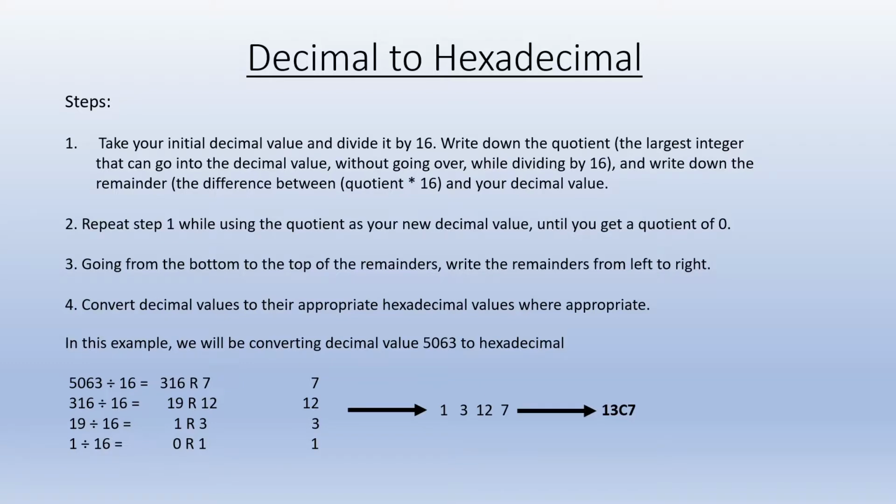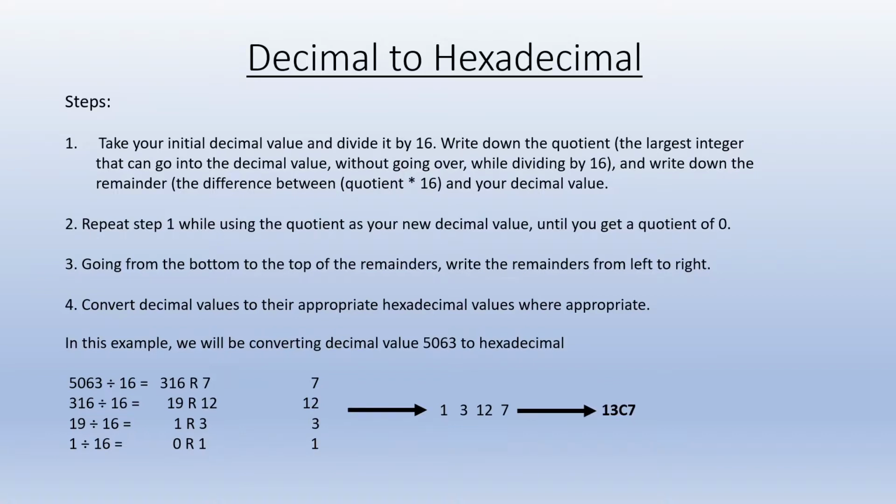And then you write down the remainder, which will be the difference between the quotient times 16 and your decimal value. You're going to repeat step 1 while using the quotient as your new decimal value until you get a quotient of 0. Then, going from the bottom to the top of the remainders, you're going to write the remainders from left to right.